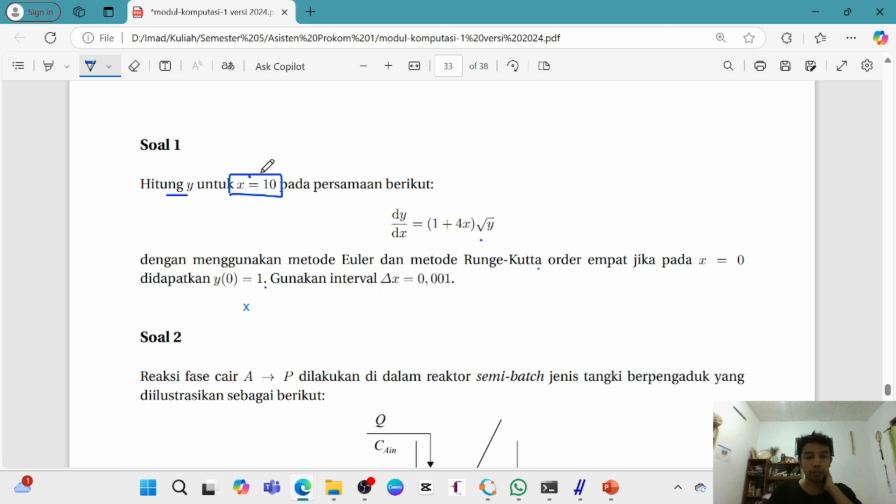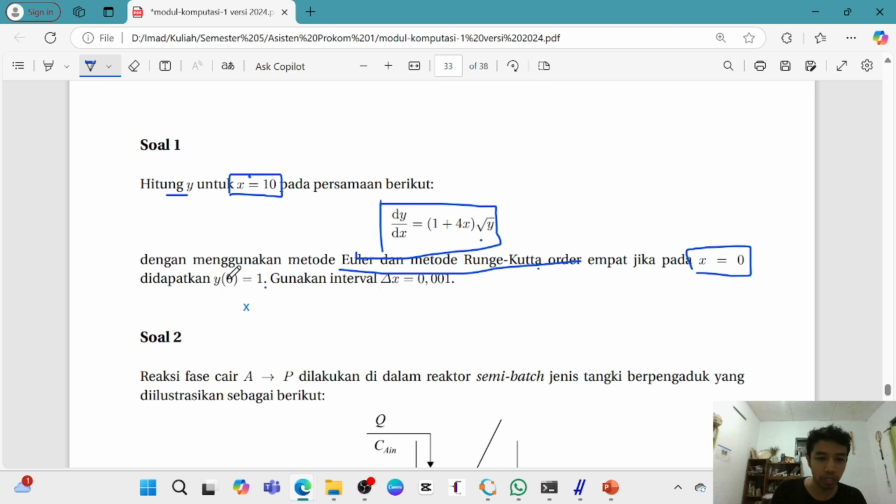This is the equation. Then we calculate using the Euler and Runge-Kutta methods, and this is the starting x. Then this is the value of the starting x.